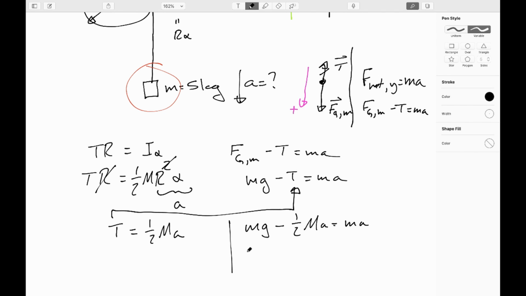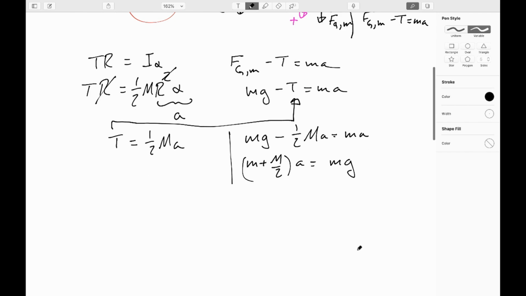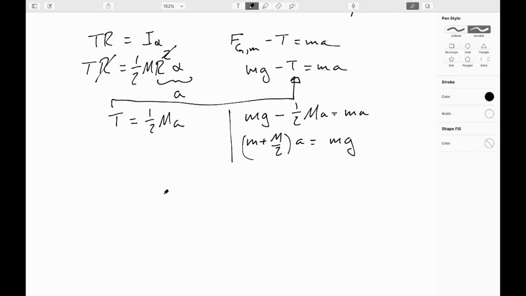Okay, rearranging, we will have little m plus big M over 2 times a equals little mg, or a equals little m over little m plus big M over 2, times g.